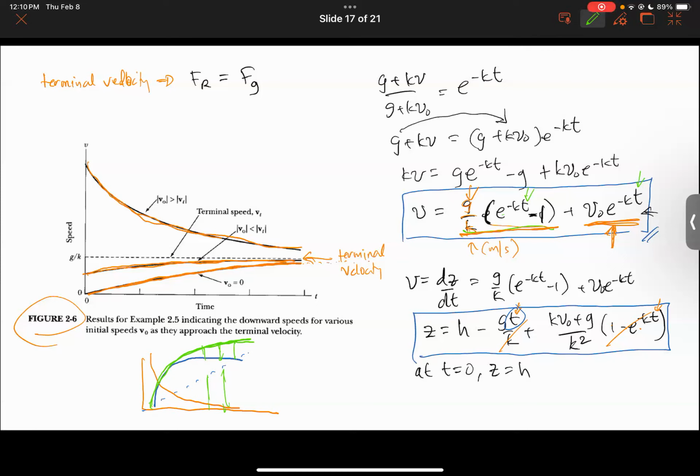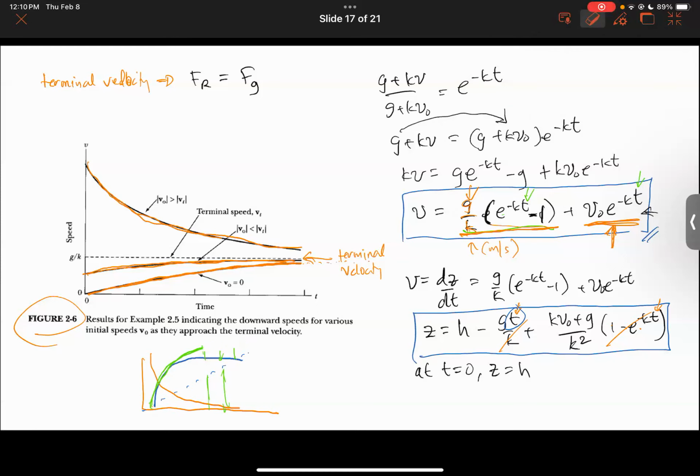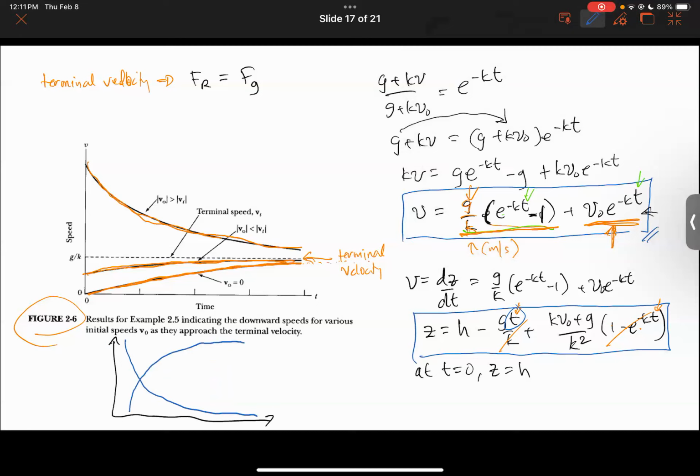Oops, sorry, mali ang aking interpretation. Dapat mag-approach siya sa h, di ba? Ulitin natin. Ito yung axis. Ito yung exponential negative kt. Ito yung 1 minus exponential kt. And yung linear na term is actually negative.